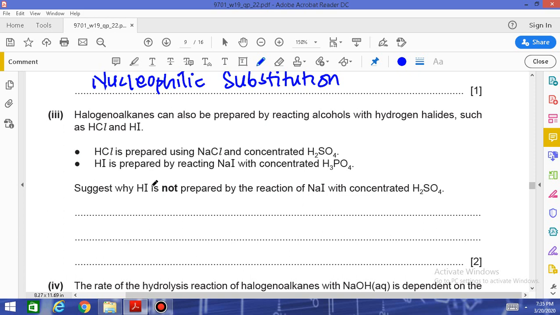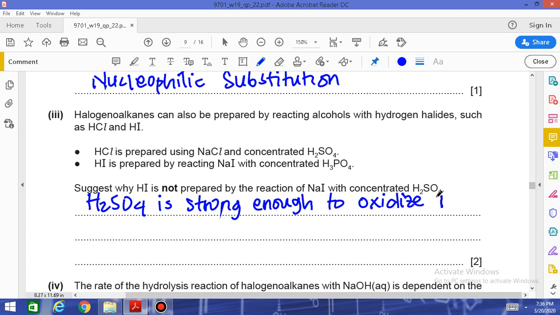Such is why hydroiodic acid is not prepared by the reaction of sodium iodide with concentrated sulfuric acid, because sulfuric acid is strong enough to oxidize iodide ion into iodine.